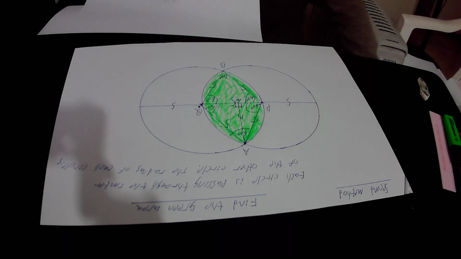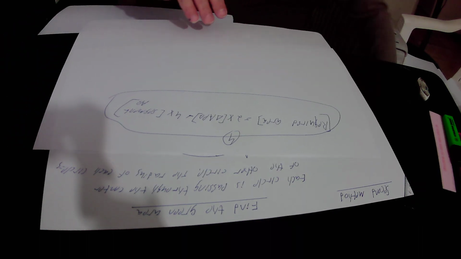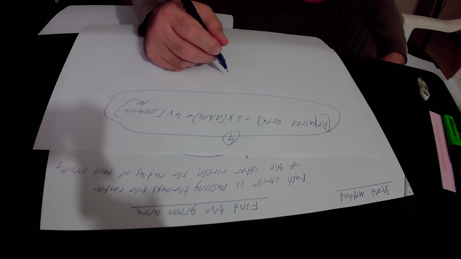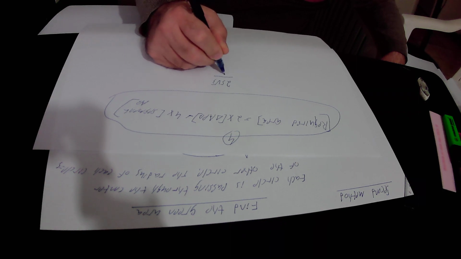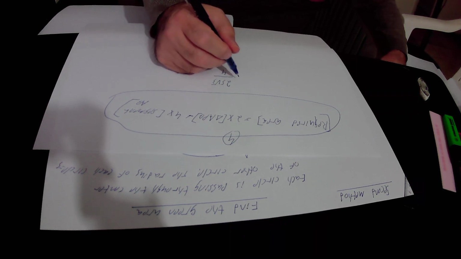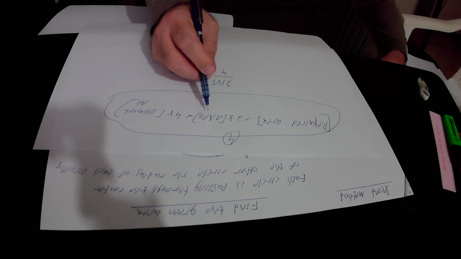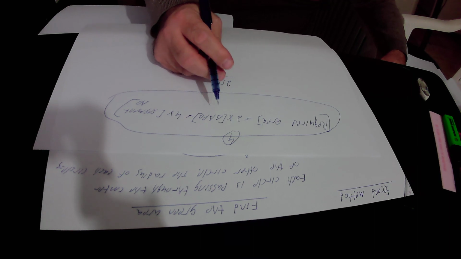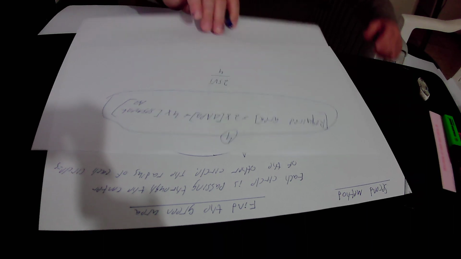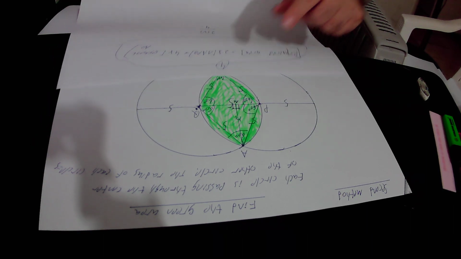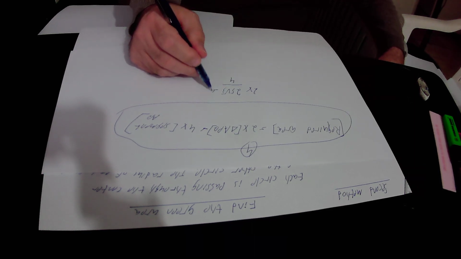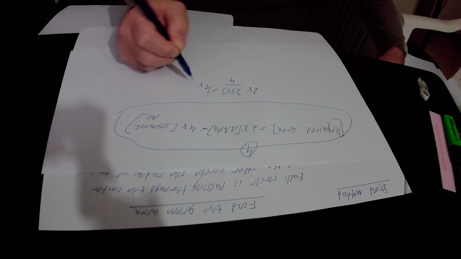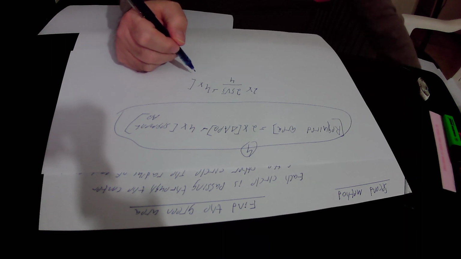Okay, so we have already found out that the area of triangle APQ equals 25 times square root of 3 over 4. So we must multiply the area of triangle APQ by 2 in order to get the areas of those two equilateral triangles, plus 4 times the area of segment AQ.